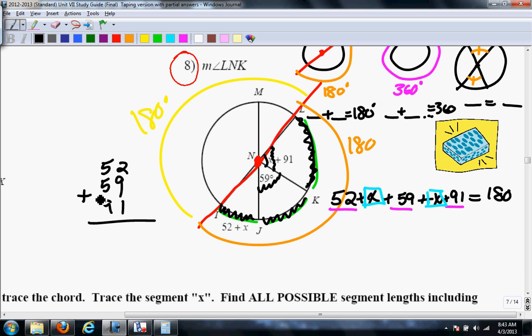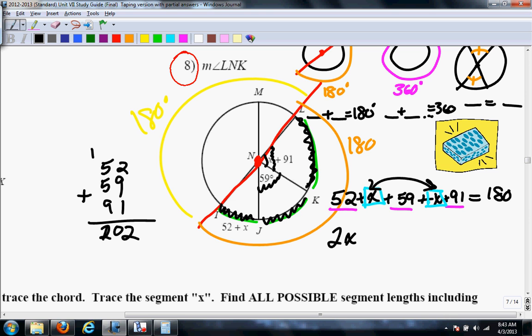Double-digit multiplication, addition, subtraction, division, you should really work on doing by hand. It's good for the brain. So we're simply going to add. 9 plus 1 is 10, plus 2 is 12, carry the 1. 5 plus 1 is 6, plus 5 is 11, plus 9 again is 20. Okay, so the answer we have here, and we have two x's.